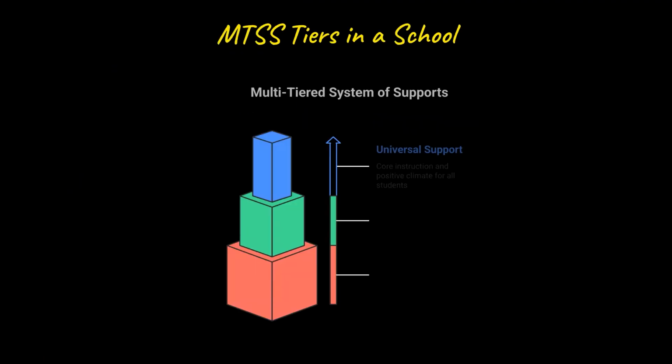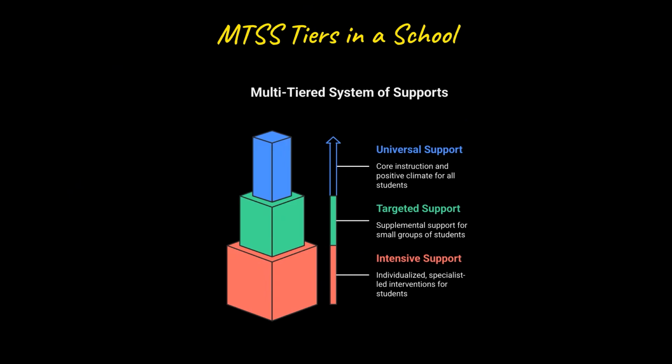The framework operates through 3 tiers. The first tier delivers high-quality core instruction and a positive climate for every student. The second tier adds small group targeted supports, and the third tier provides intensive one-on-one intervention for students with the greatest needs. Crucially, the tiers are not permanent labels for students.